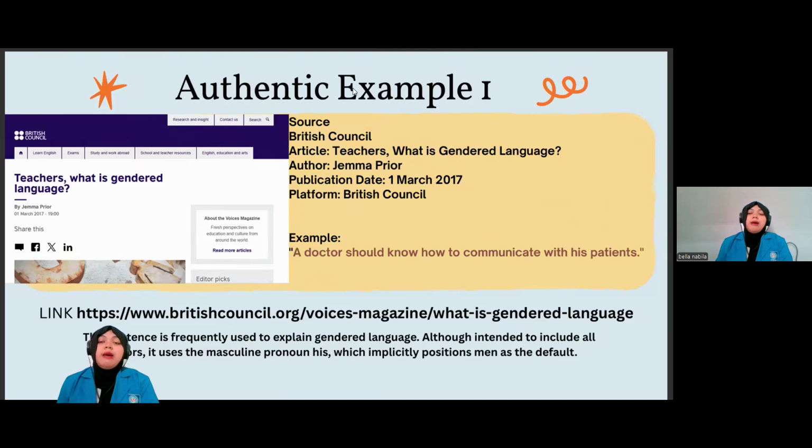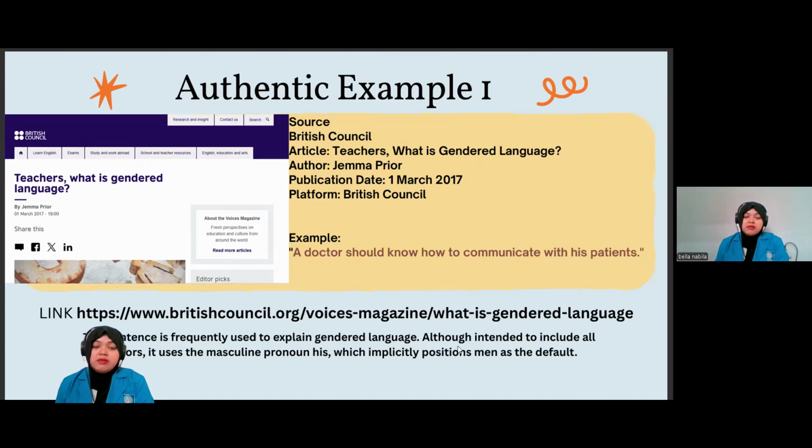For authentic example one, I use this article sourced from the British Council. The article is titled Teacher, What is gender language? The author is Gemma Pryor. Publication date is 1 March 2017 and the platform is British Council. The example in this article is: a doctor should know how to communicate with his patient.